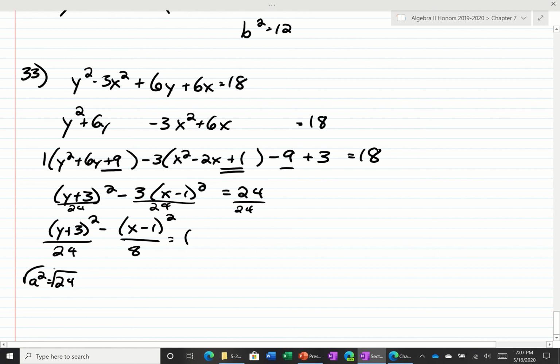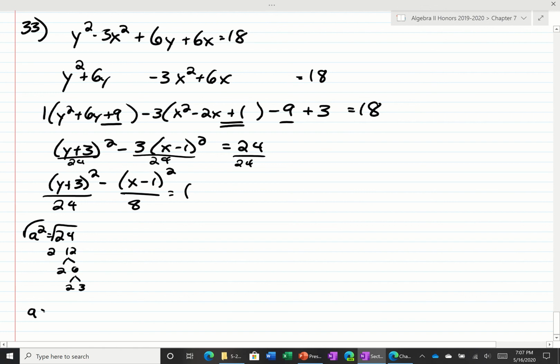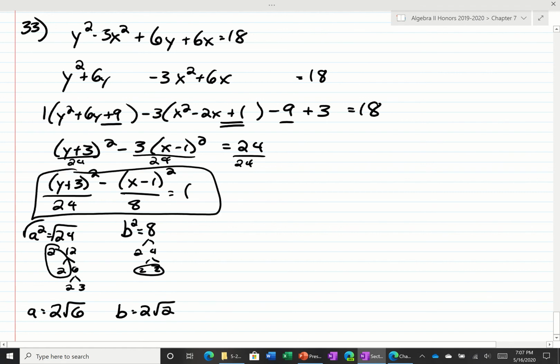If we go to take the square root, it's 2 and 12, 2 and 6, 2 and 3. So it looks like a would be in a group of 2's, so it's 2 root 6. B squared is 8, so we've seen this before. 8 is 2 and 4, which is 2 and 2. So b would equal 2 root 2. And let's see what we have to find. This problem wants to know pretty much all of the components.